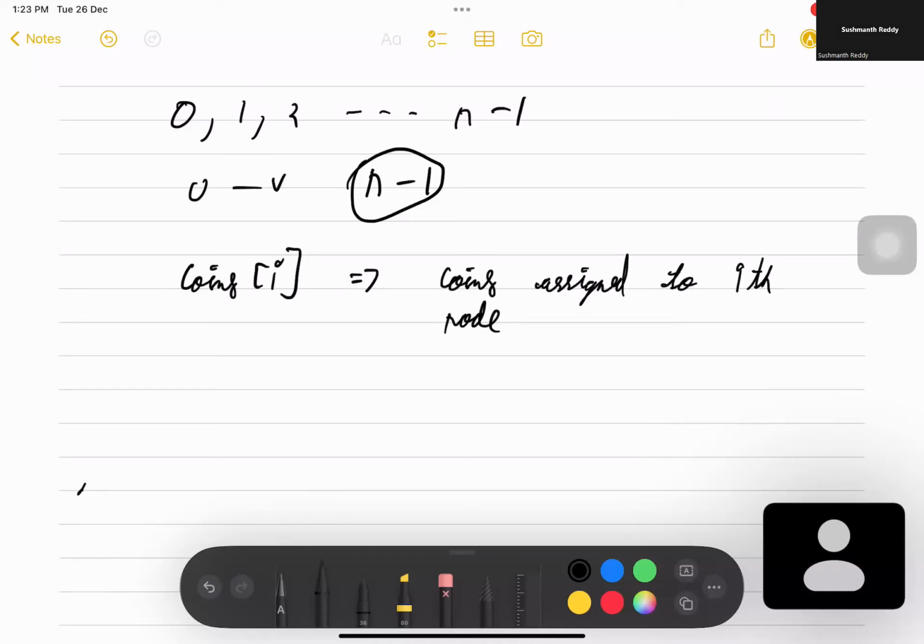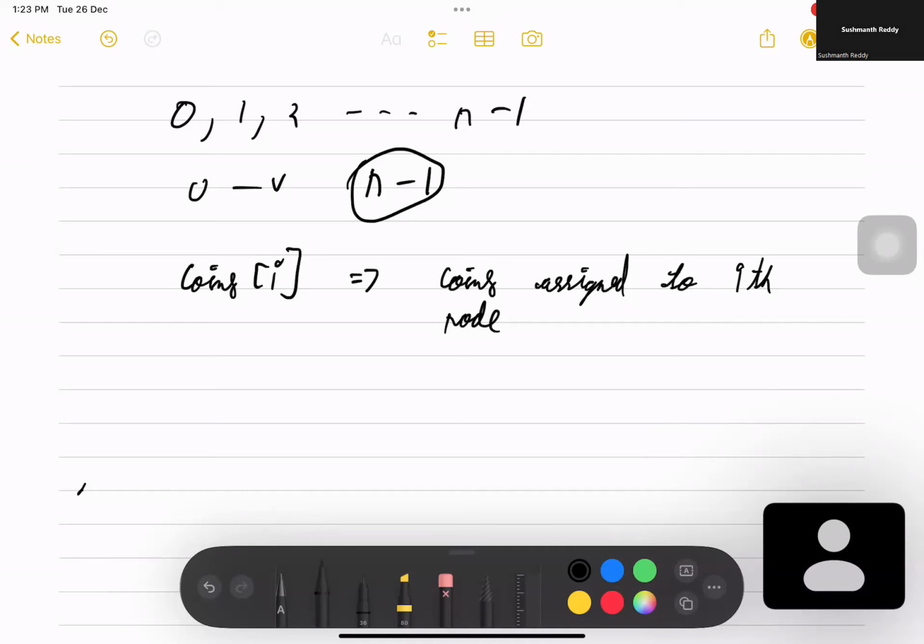So this is what we have. Now for each node, we can actually place some coins. Basically, these are coins assigned, but they are not placed. So we can place some number of coins in each node.